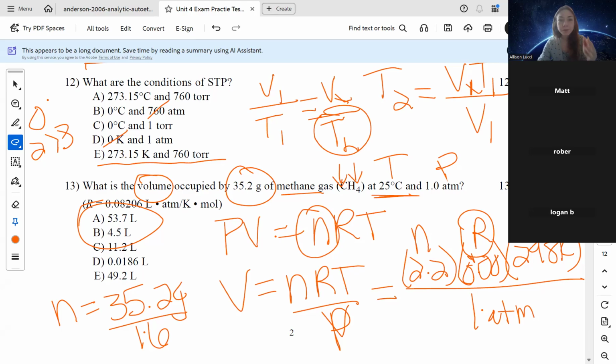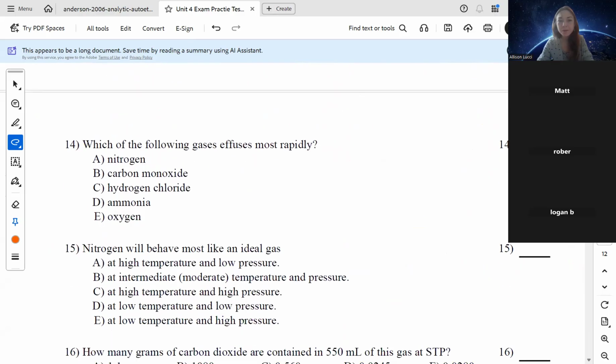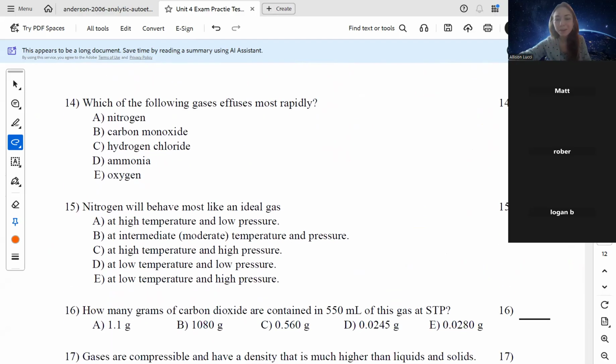All right, so we've seen Charles' law, we've seen Boyle's law, we've seen the ideal gas law. So all of these may appear at some time. This next question deals with the property of mass of a gas, and the topic really is surrounding kinetic molecular theory and the fact that a gas either diffuses or effuses in proportion with its mass.